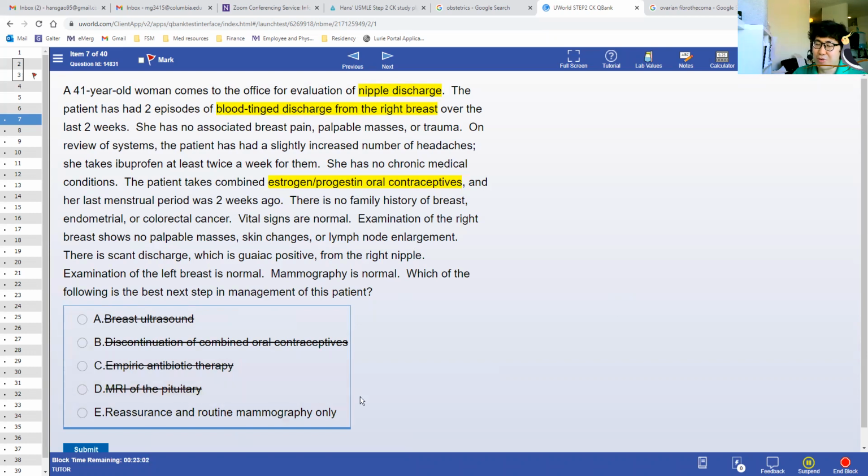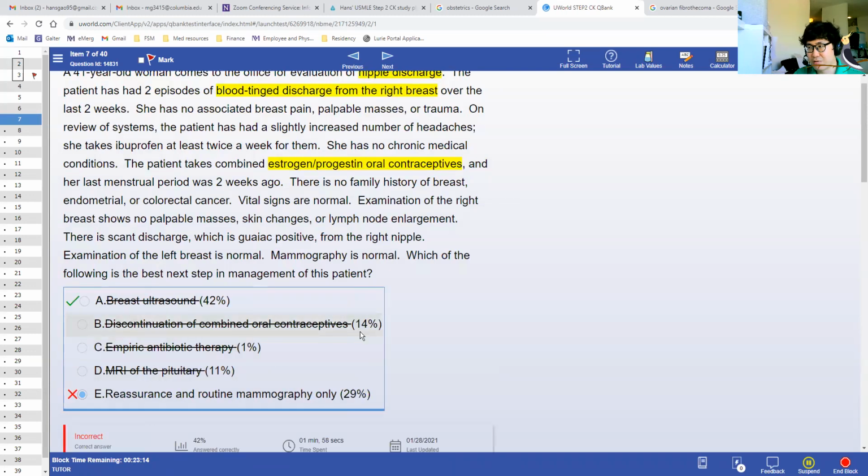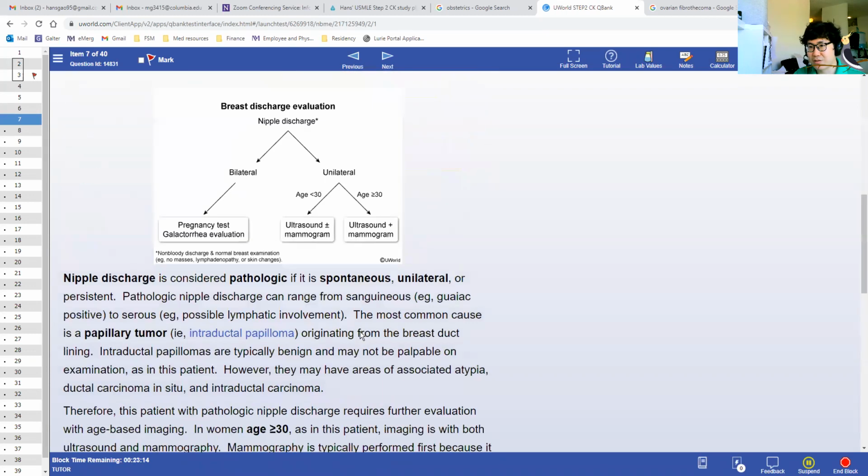MRI pituitary, no, you wouldn't. When it comes to intraductal papilloma, you just reassure and continue regular workup. Okay, I was wrong.